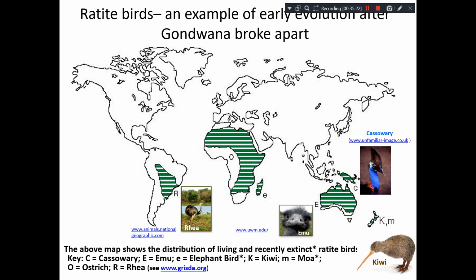After the Gondwana break, Gondwana being a large landmass, later broken into a number of continents and countries, you can see that after Gondwana broke apart, many of the species remained with Gondwana, and in the new areas a totally new set of plants and animals developed.